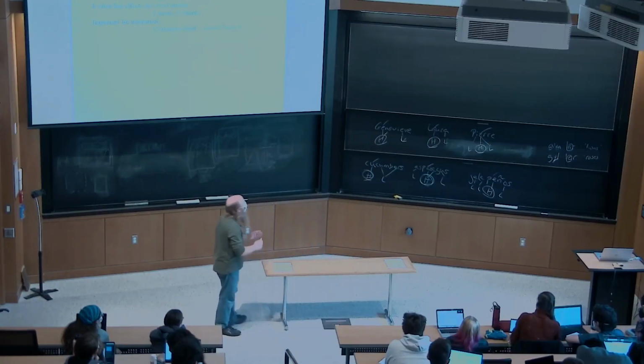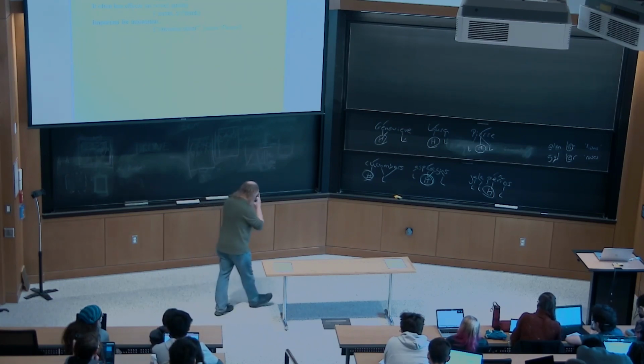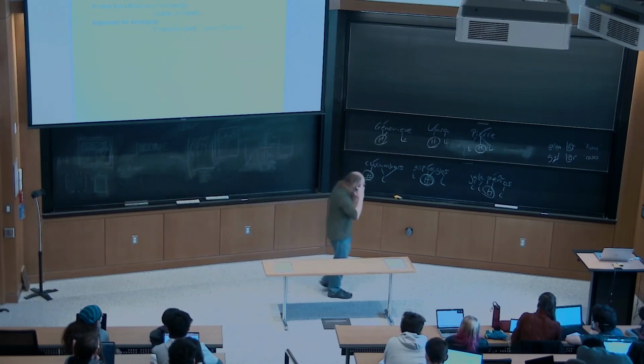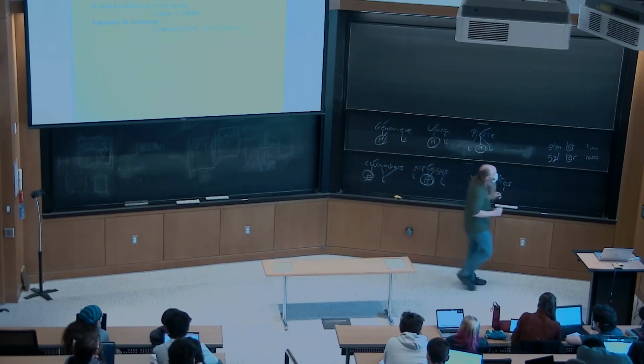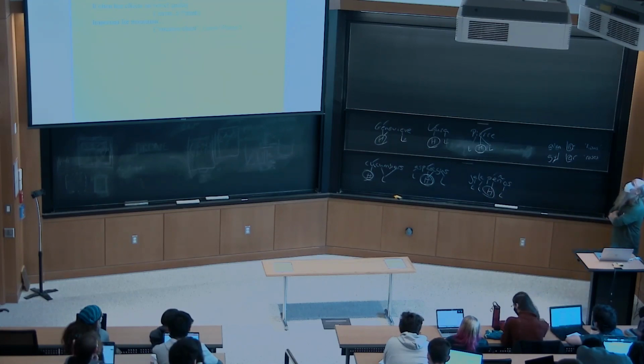Let me try to think of another word. Endocrinology. What's a better word? I'm trying to think of another word that has the property that I'm looking for. Mendel. Interdisciplinary.